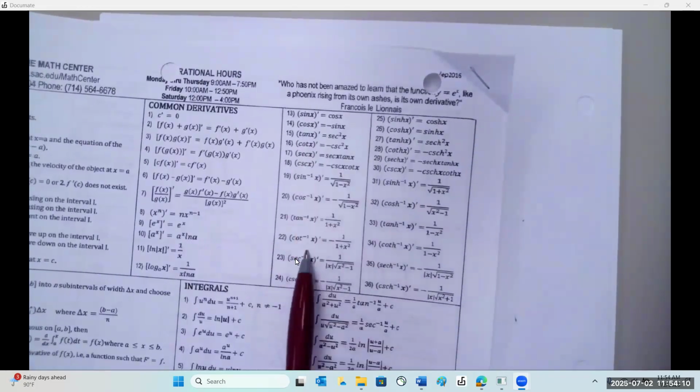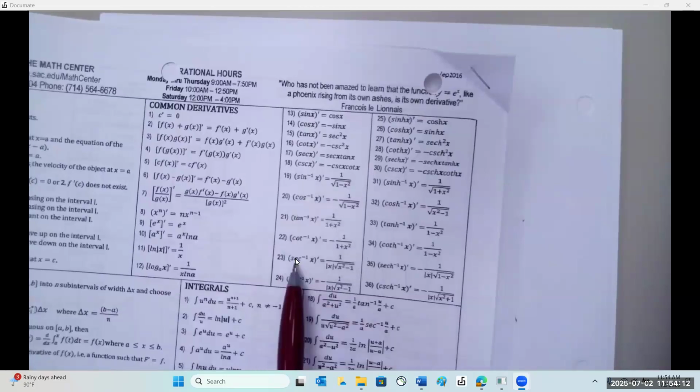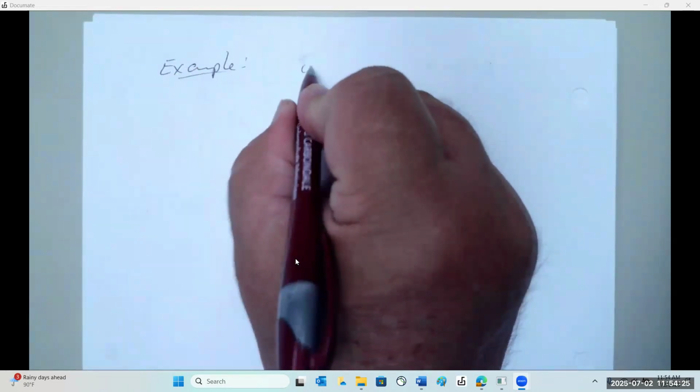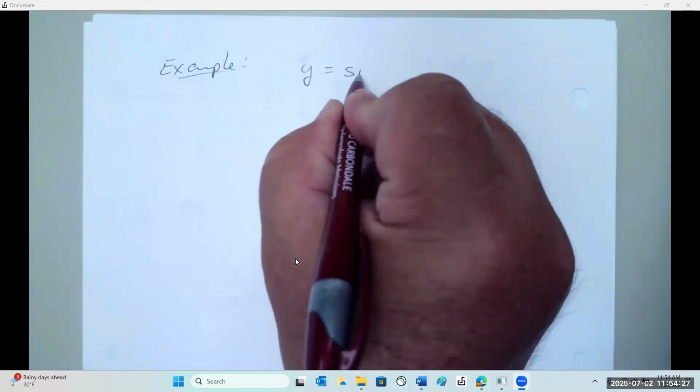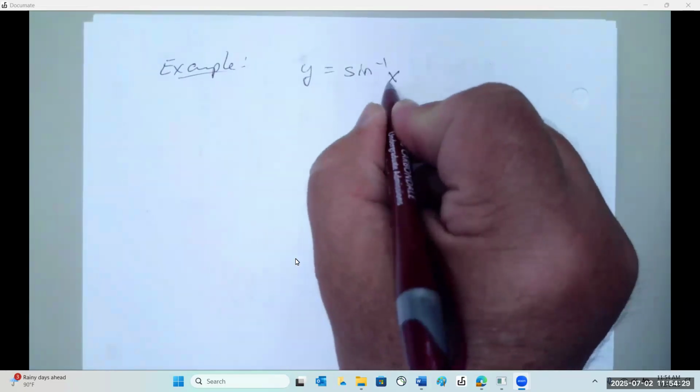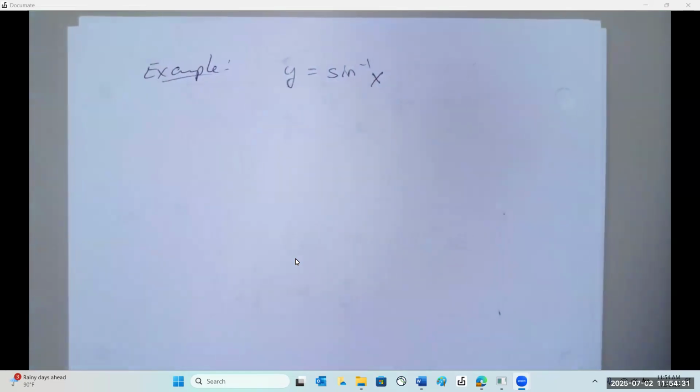We're now going to look at the inverse functions. This one is just an example: y equals the inverse of sine x, to take the derivatives of these.